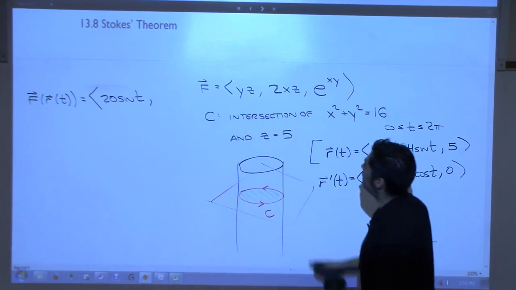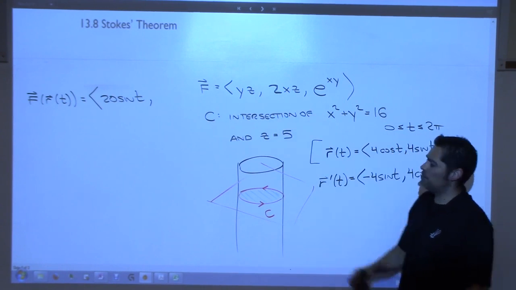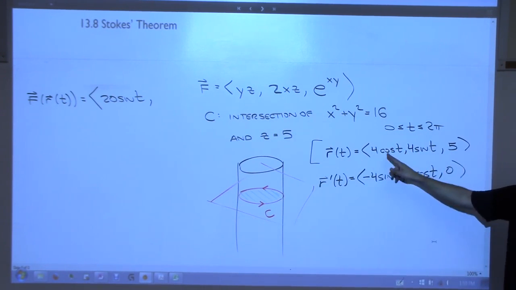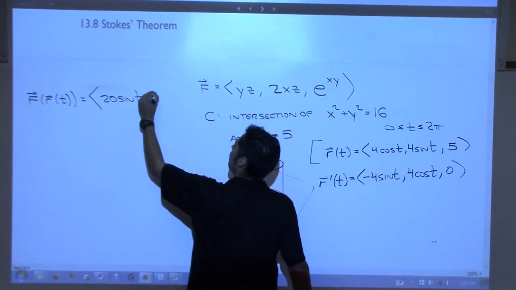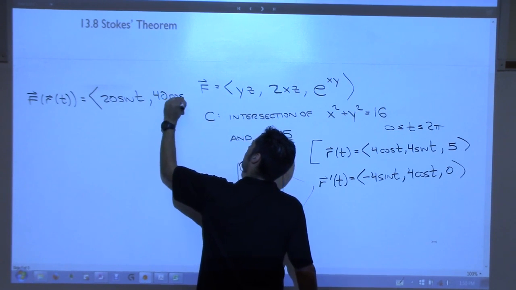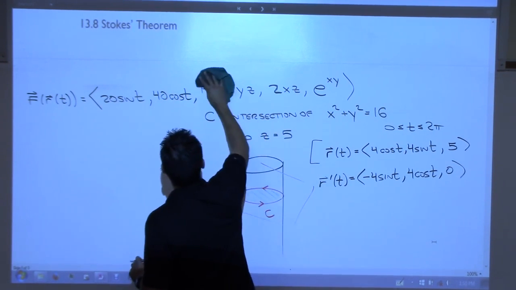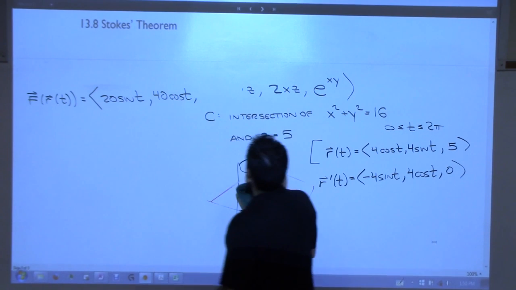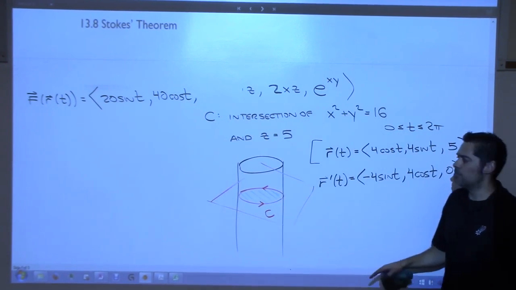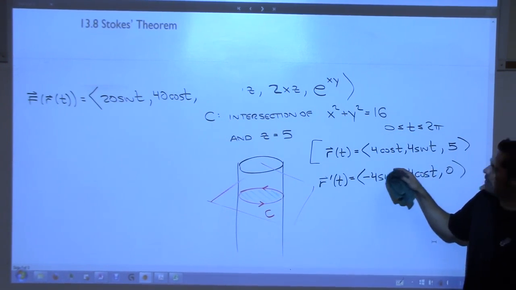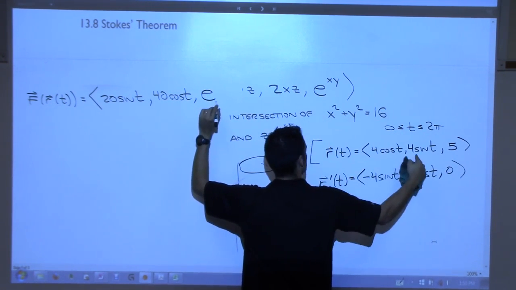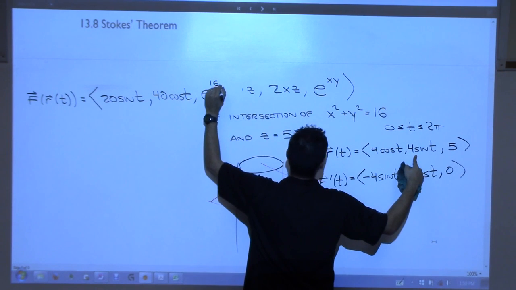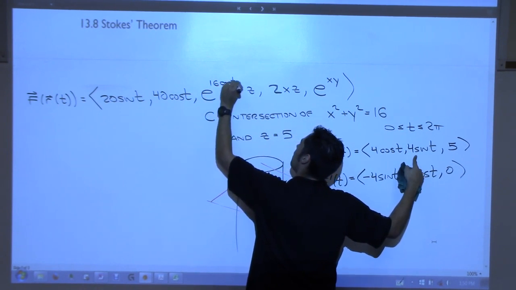All right. What is 2 times x times z? So 2 times x times z is 40 cosine t. And then the last piece is e to the xy. E to the 16 cosine t sine t.